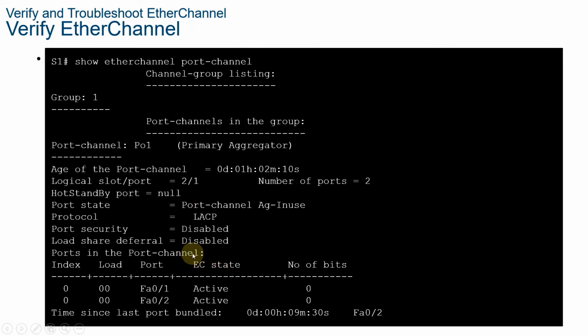In the example, the port channel 1 interface consists of two physical interfaces, Fa0/1 and Fa0/2. It uses LACP in the active mode. It is properly connected to another switch with a compatible configuration, which is why the port channel is said to be in use.